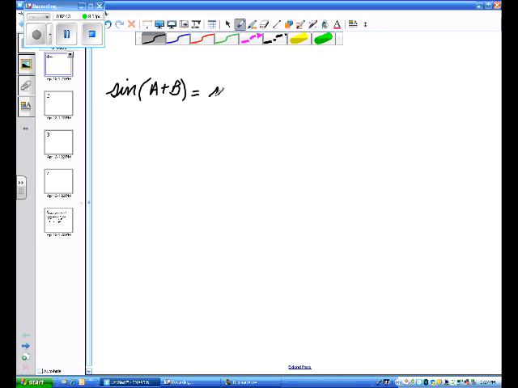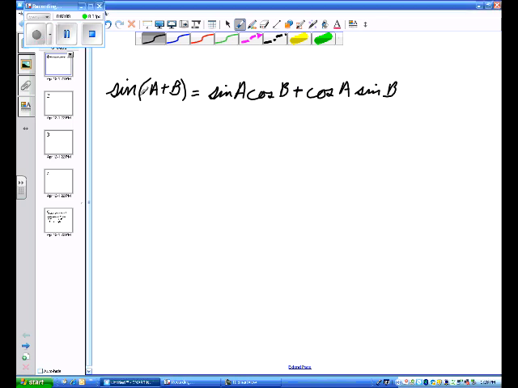But the sine of the sum of two angles is equal to, and I'm going to call this the first angle and this the second, and I always say it with the first and second. It's the sine of the first, cosine of the second, minus cosine of the first, sine of the second. I knew I was saying that wrong. That's a plus.